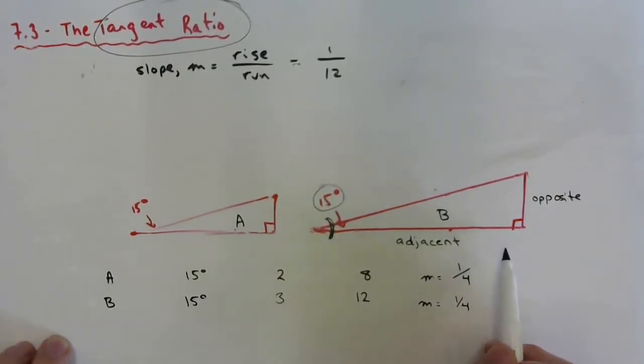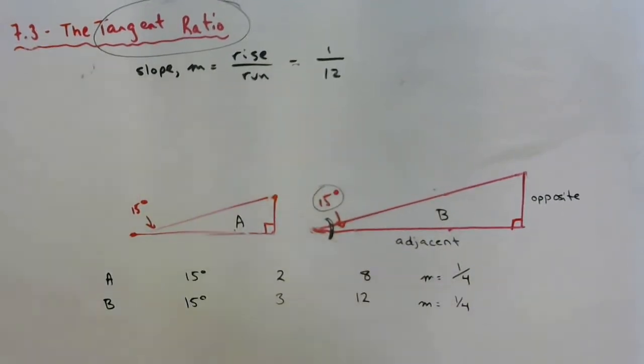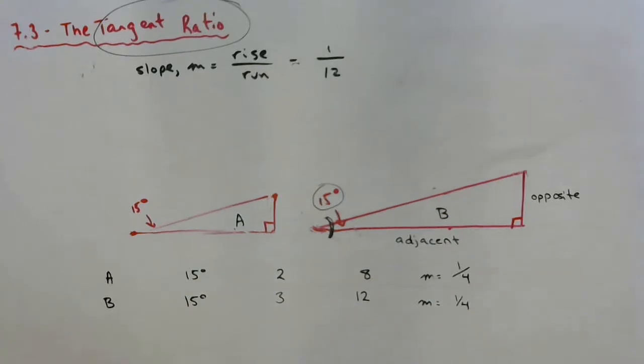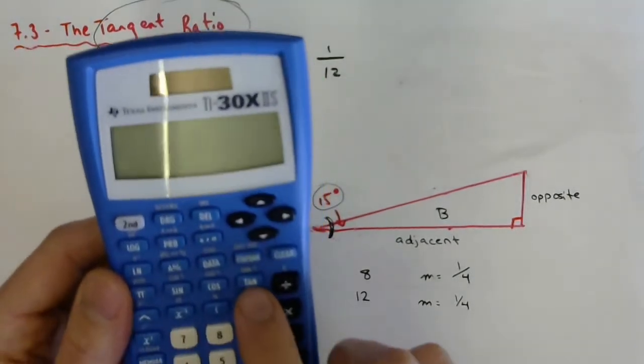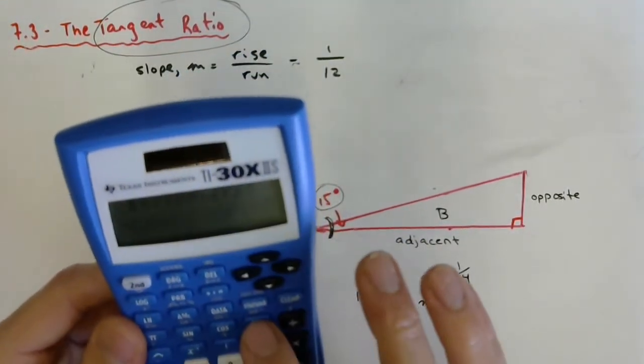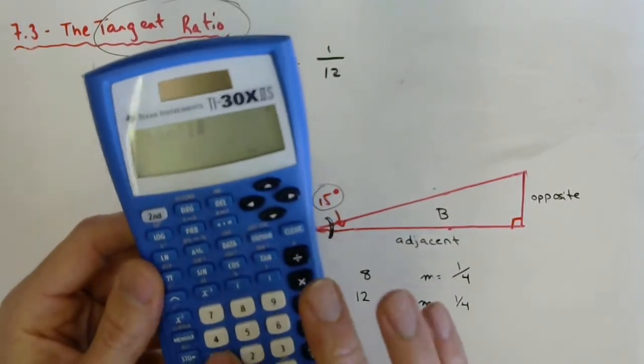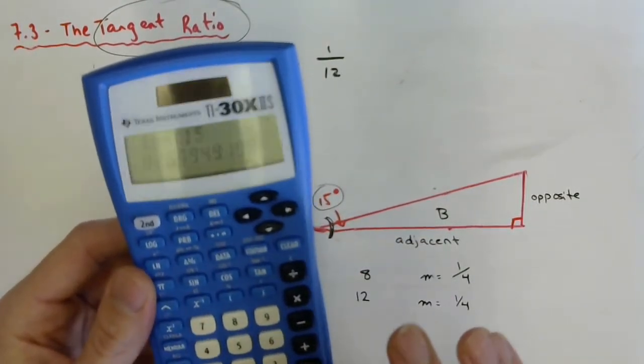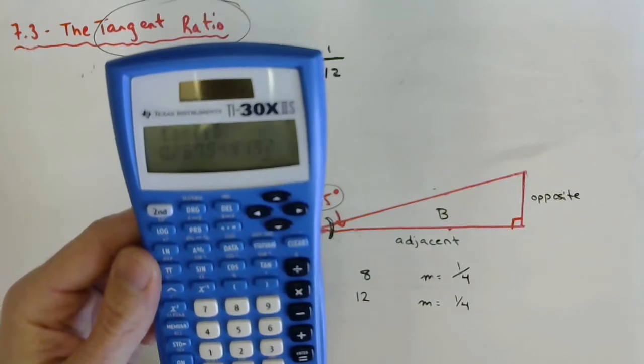So now, do me a favor. Do you have a calculator? Yeah. Go ahead and find the buttons kind of top middle that say sine, cos, tan. Sine, cos, tan. So here's my tan button. Okay? Go ahead and type the tangent of 15 and hit enter and see what you get.